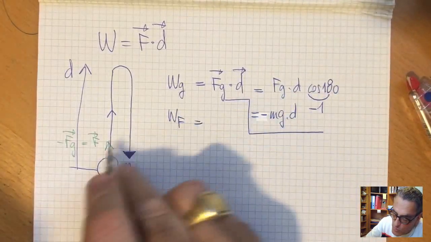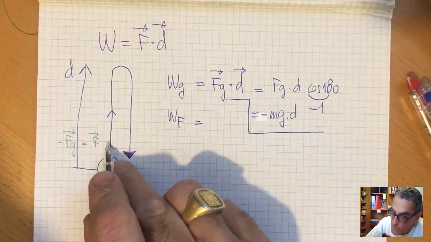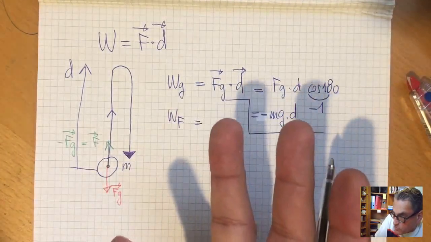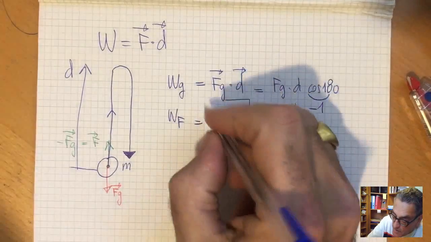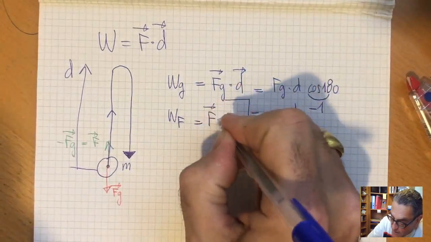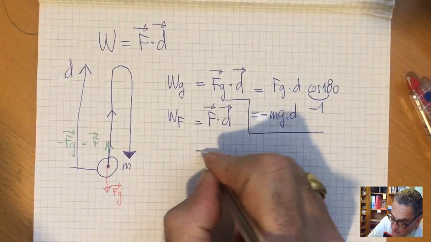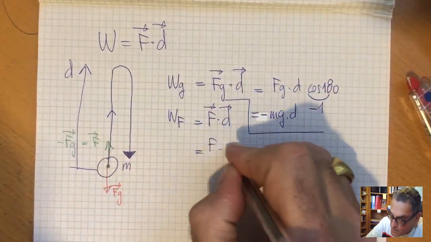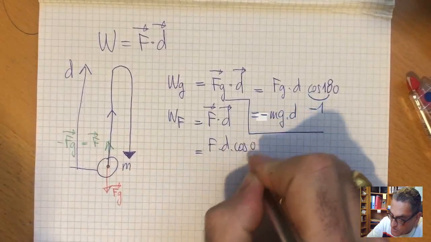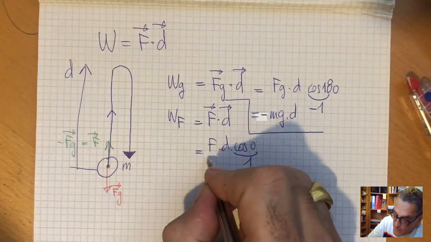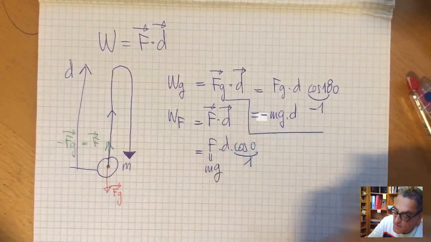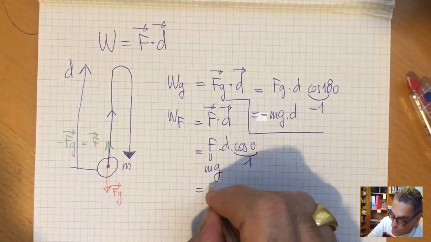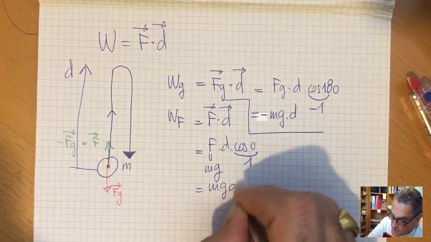Now, what is the work of the force F, which is pointing up? This is the force we are giving with our hand to the tomato when we lift it. Okay? Well, the work is F scalar with d, but now F is going up, d is going up, so it's F times d times cosine 0, which is 1, and the force, we said it has the same magnitude as the gravitational force, so this is mgd.